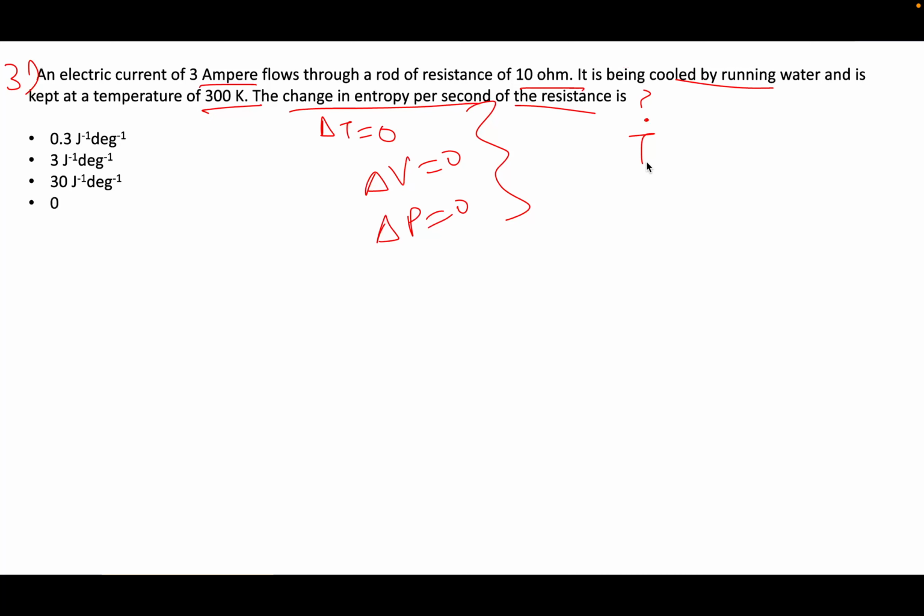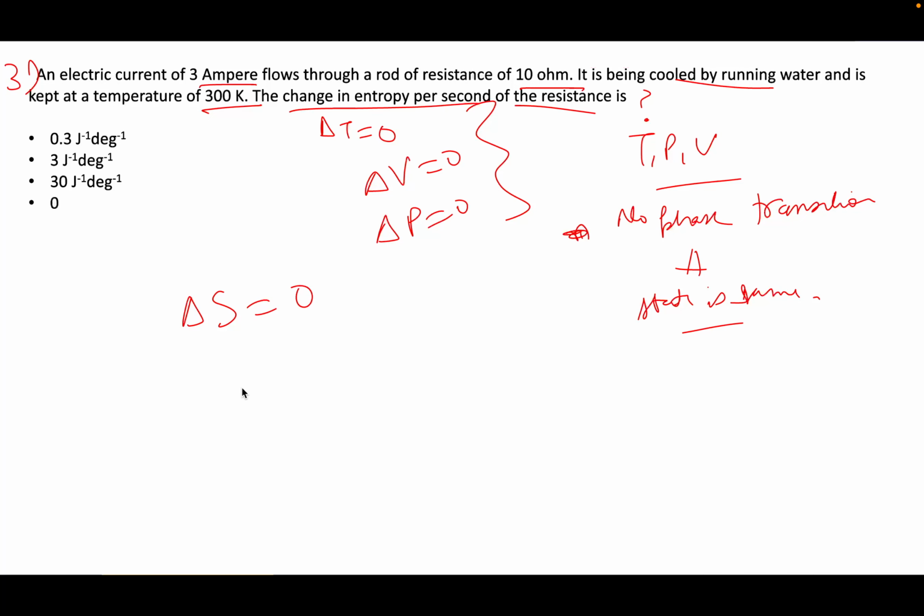So T, P and V are all constant, and also there is no phase transition because the states are the same. No conversion from solid to liquid or gas, so all the states are the same. That means there is no change in entropy.